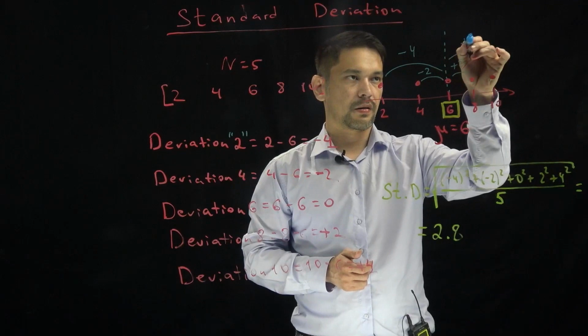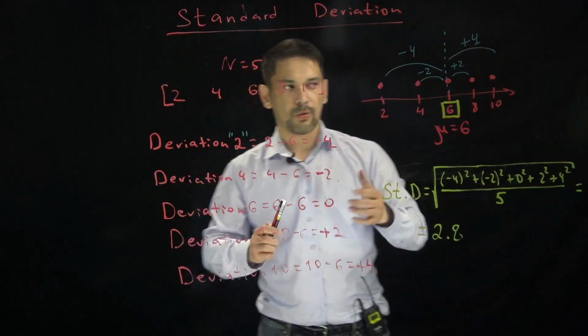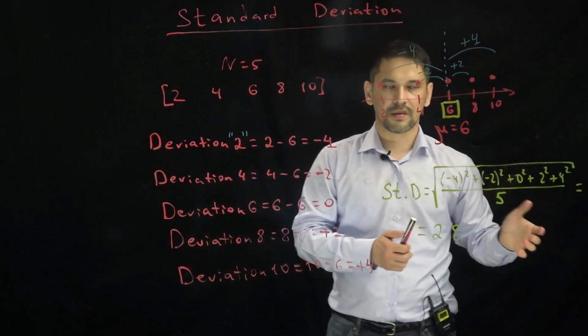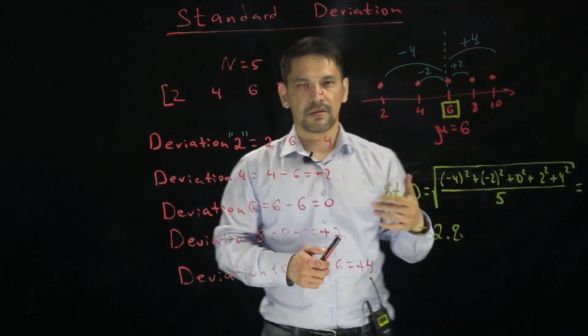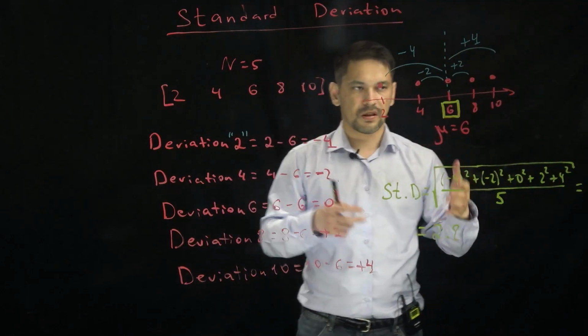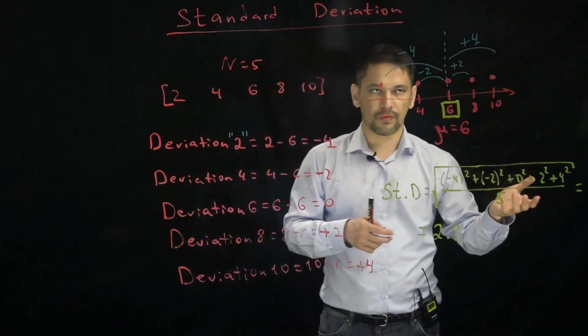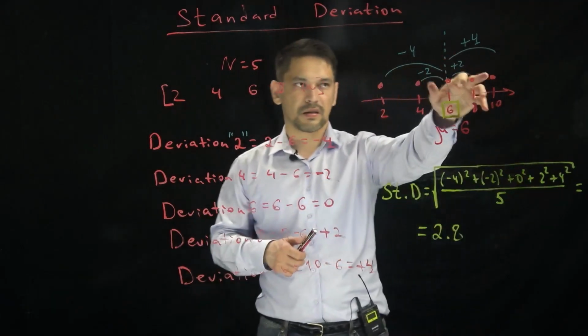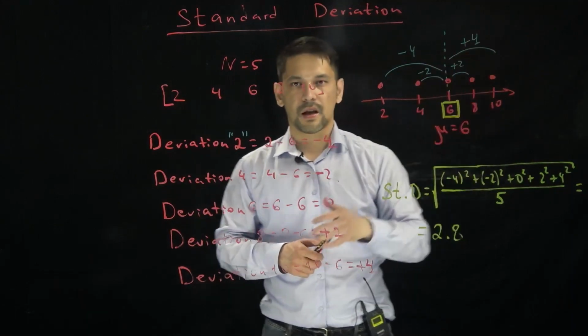That means the difference, or, well, actually, there is no difference between the word difference and the distance here. If the deviation for the value 10 is plus 4, that means the difference between this value and the average is equal to 4, and has a positive deviation. Why? Because 10 is greater than the average.